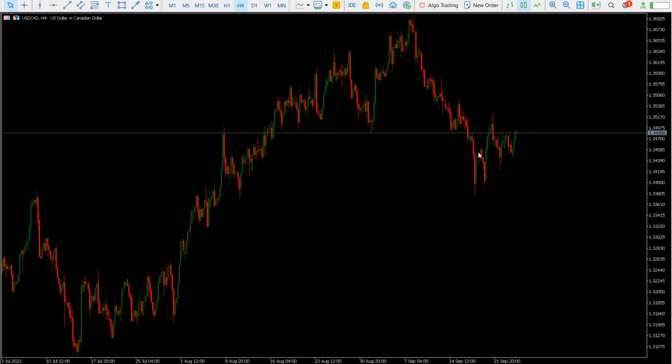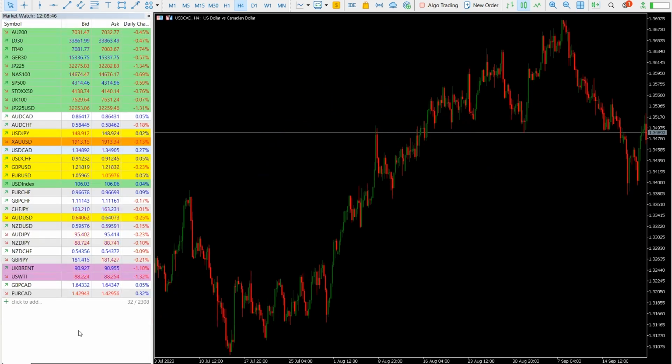So if anything happens around the globe, let's say Russia says something, or China says another thing, or maybe Australia doesn't go too well, then it will affect the Canadian dollar. I continue to look for long opportunities on the Canadian dollar against the weakest currency. So CADJPY would be a good opportunity to go long as well.